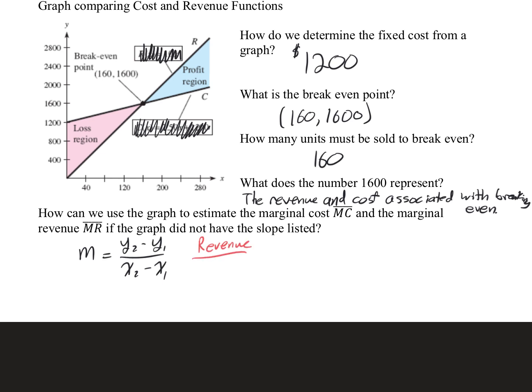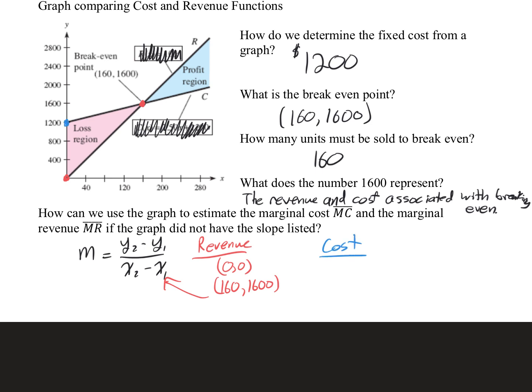We know that the revenue function goes through the point (0, 0), and it also goes through the point (160, 1600), so we can now plug these values into the slope equation to come up with our marginal revenue.